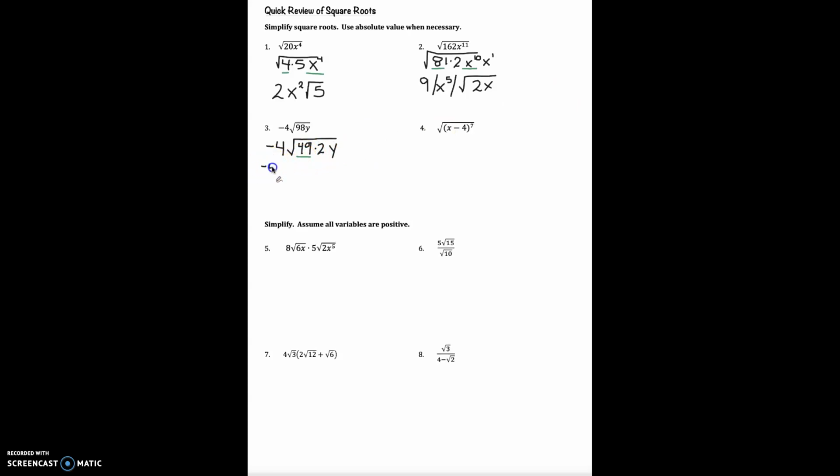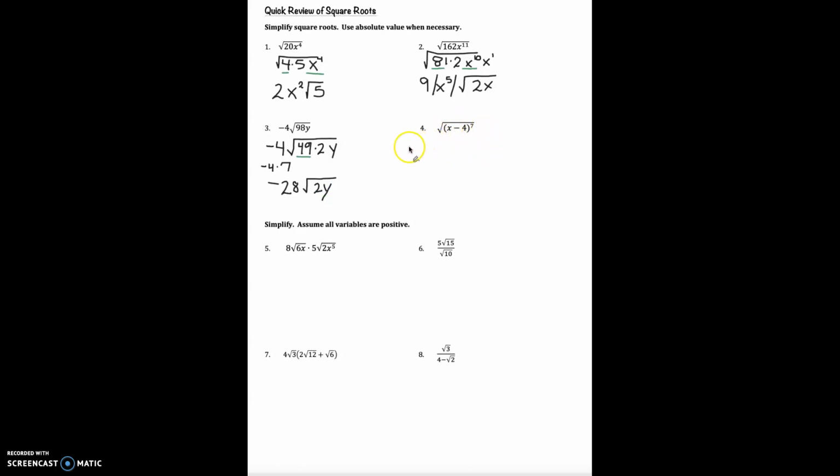So I have a -4 times 7, which is -28. And then we cannot take the square root of 2 or y, so we just have 2y in our radicand. There we go.